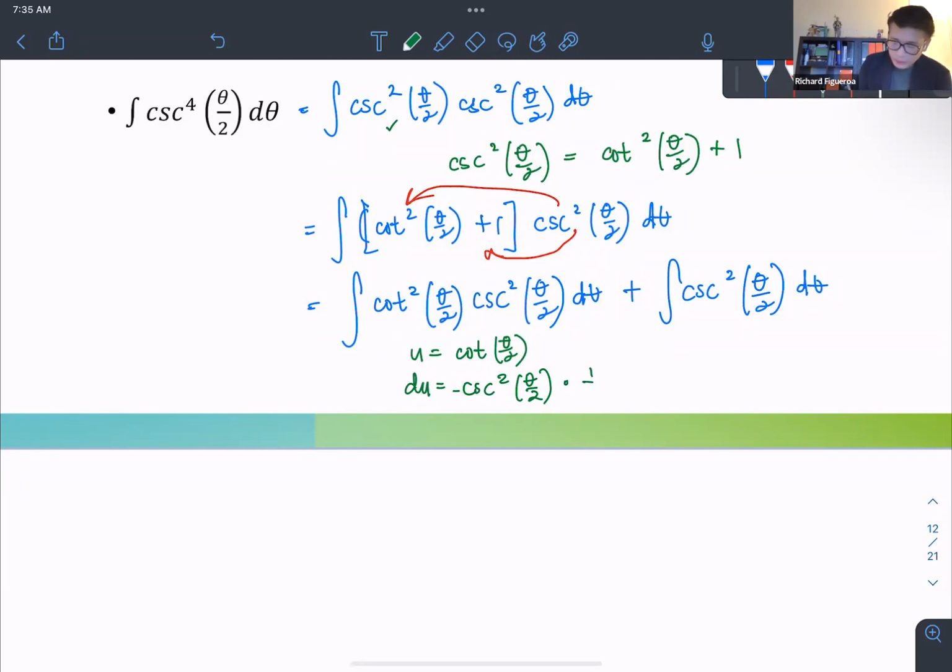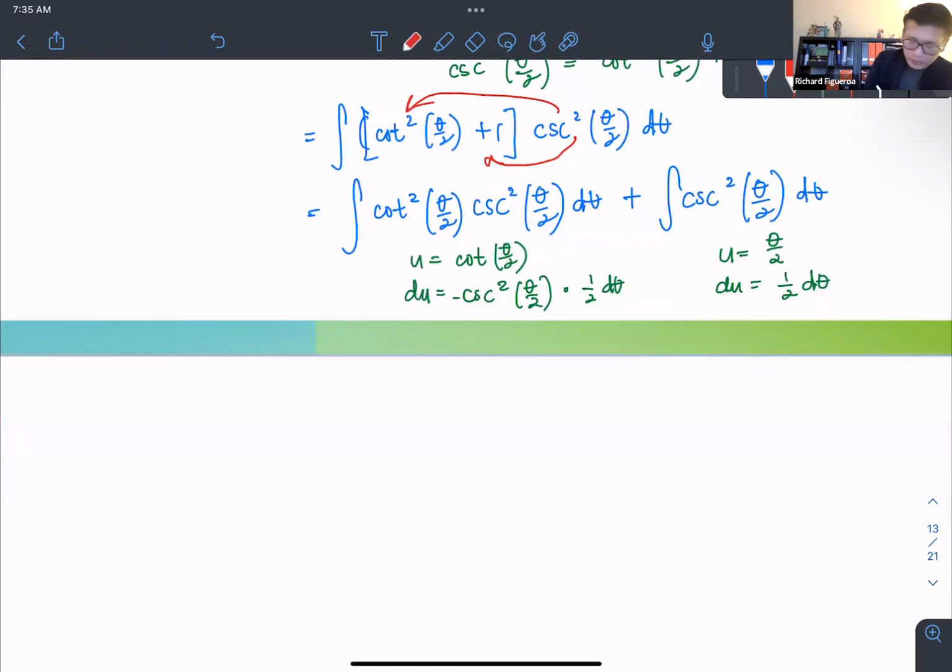It is 1/2 d theta, because theta over 2 is just the same as 1/2 theta. So therefore, its derivative would be 1/2 d theta. For the other one, since it's by itself, our u is theta all over 2. So therefore, its du would be 1/2 d theta as well.